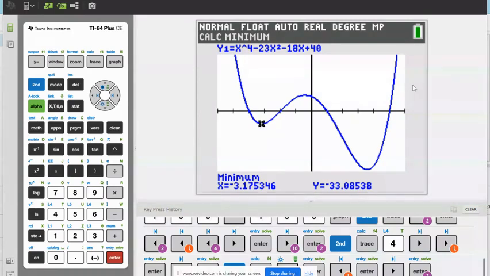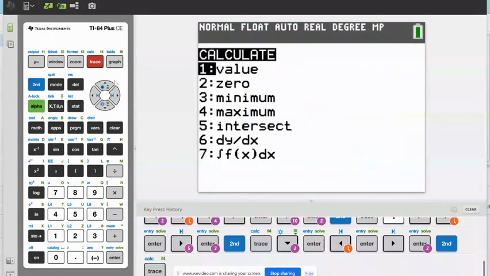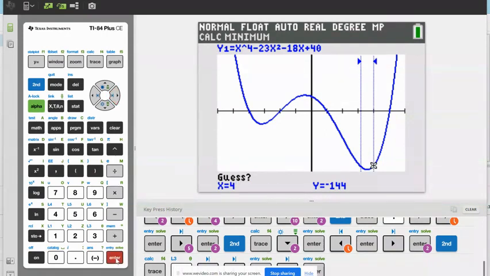Do the whole minimum thing again. We're going to do that whole minimum thing again. So who remembers how we do the minimum? Second, trace, and then number 3. And now we're going to go all the way to that other minimum. We're going to go to the left of it right there, and then to the right of it right there.